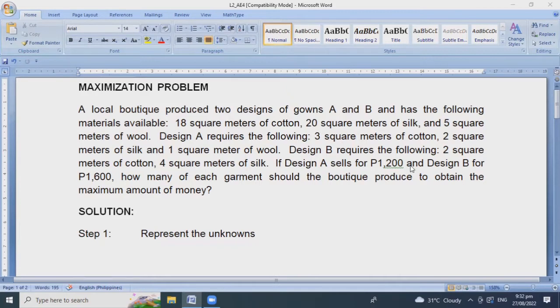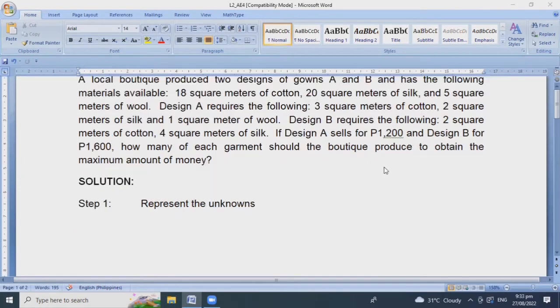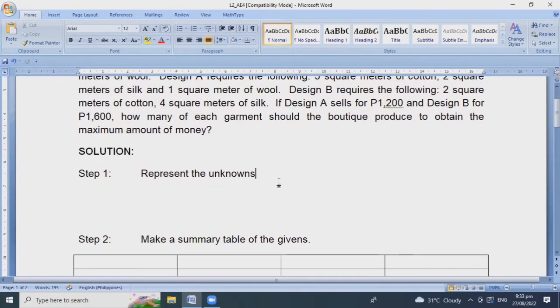So, para makagawa ng design A, ayan yung kanyang materials na kailangan. Even design B, nakalagay naman sa given. So, solution. Step 1, represent the unknowns. So, ito yung pinag-uusapan natin. Let X and let Y, kasi we are referring to a system of linear equations in two variables. Sometimes in other books, hindi X, Y ang ginagamit.